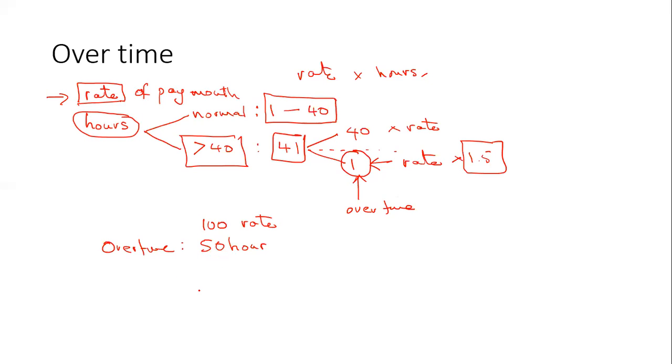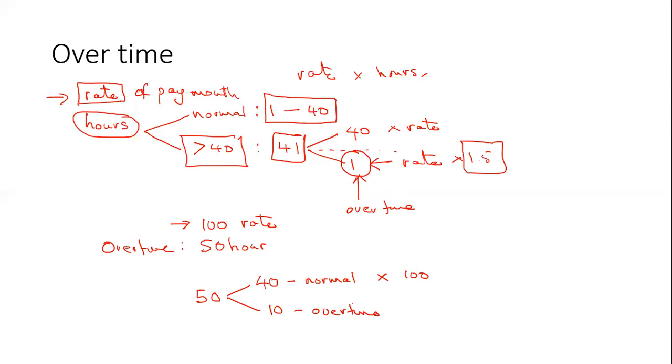In this case, the 50 hours is made up of 40 normal working hours and 10 overtime hours. So these are my normal working hours, and these are my overtime hours. The 40 normal hours I need to multiply by the rate, 100, because those are normal hours.